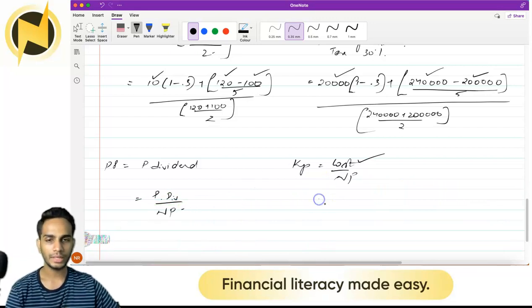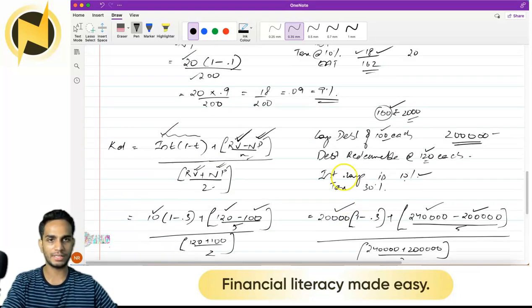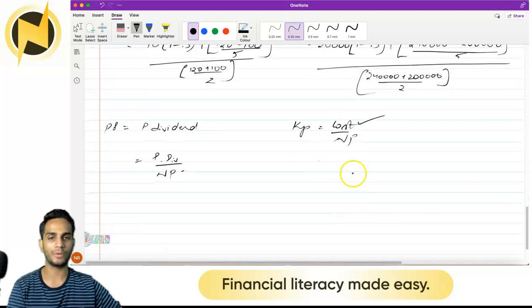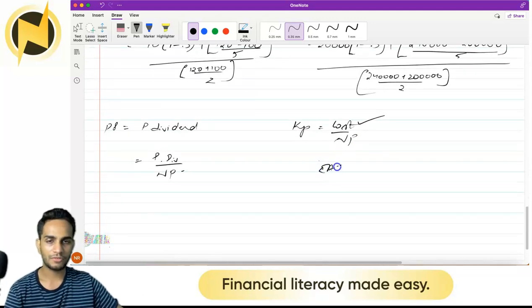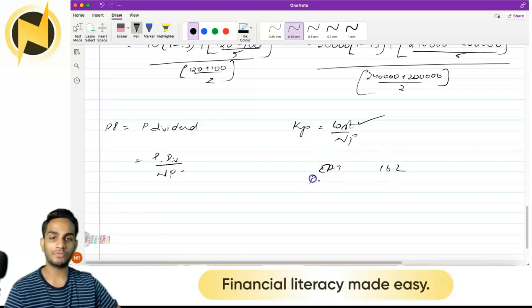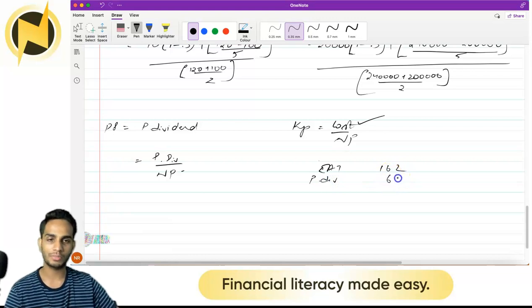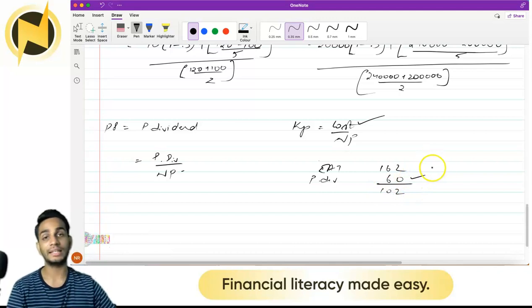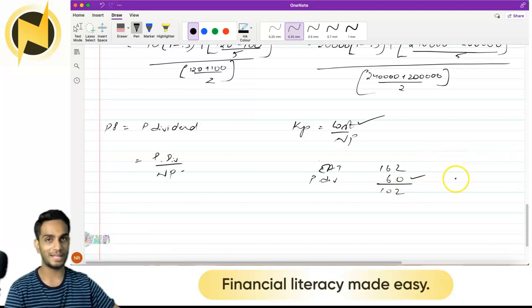See the company, our previous case. Our earnings after tax is 162. The company is paying a preference dividend of say 60 rupees. So they have a balance of 102. Now when the company pays the 60, there is a law that states that they have to pay a dividend distribution tax.